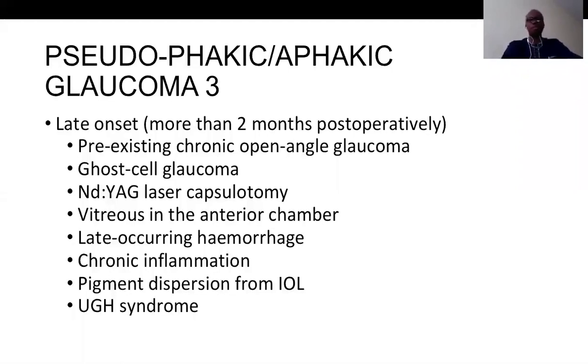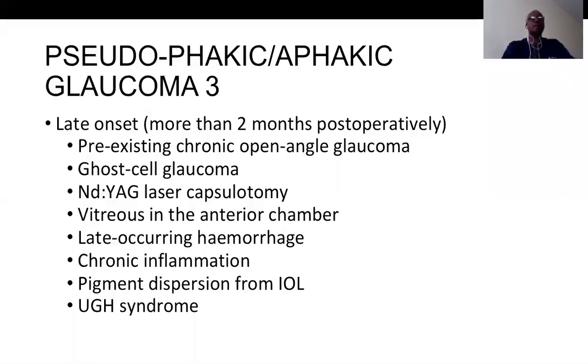So some of these patients, after initial treatment with IOP-lowering drops, if there's no relief, may also benefit from AC washout. And then you may have glaucoma from late occurring hemorrhage following surgery, chronic inflammation, then pigment dispersion from intraocular lens may also be responsible.